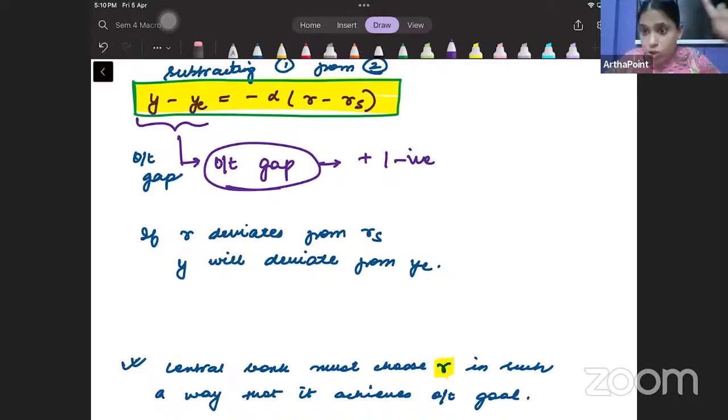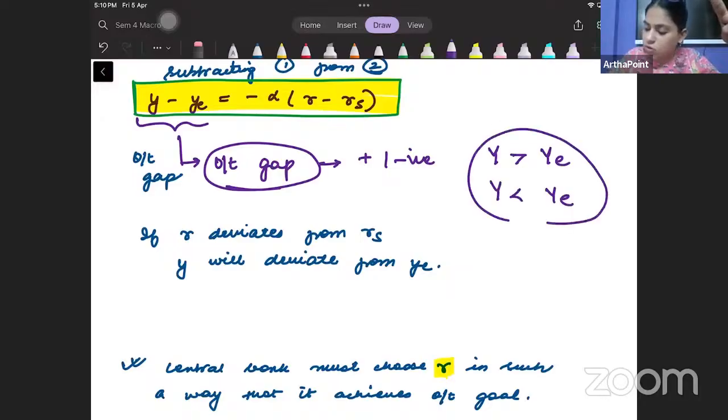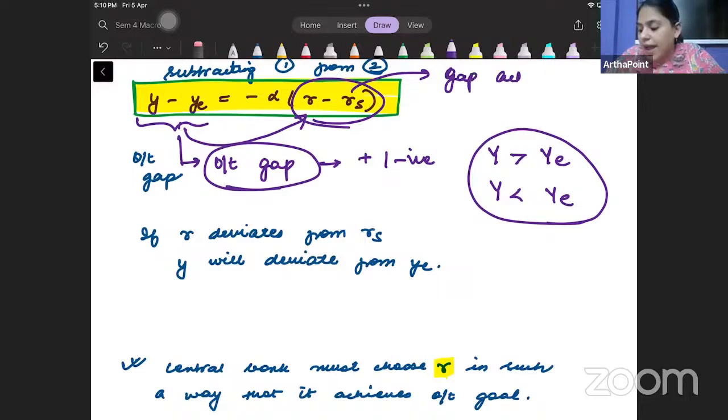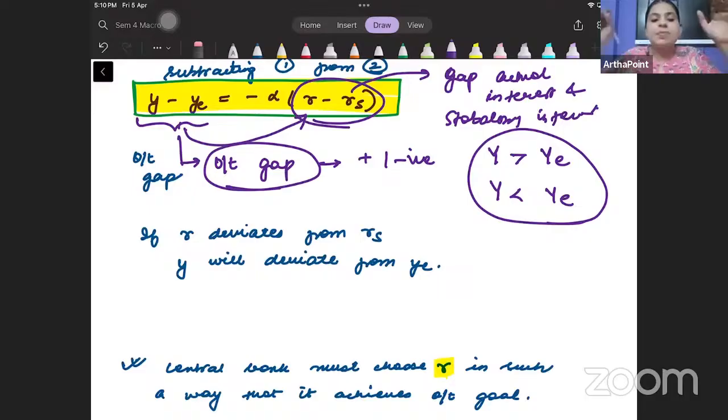It means my actual level of output in the economy can be more than YE also, and it can be less than YE also. And then I am saying that there is an inverse relationship between this and the interest rate gap. This is telling me the gap between the actual interest rate and the stabilizing interest rate.